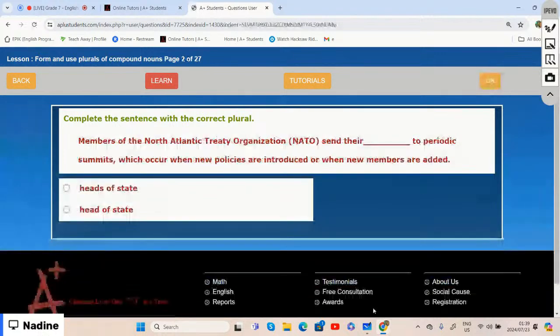The next one says members of the Northern Atlantic Therapy Organization send their, do we say heads of state or do they send their head of state to periodic summits which occur when new policies are introduced or when new members are added?